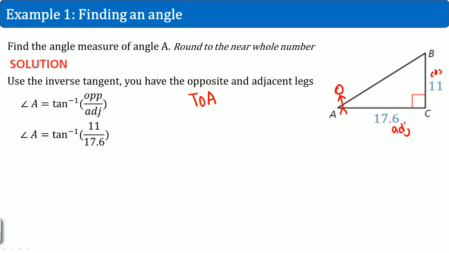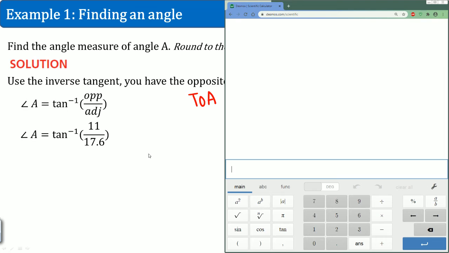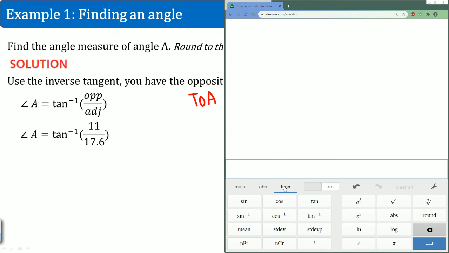I'm going to pull up Desmos so we can plug this in. Just to let you know, all I search is Desmos Scientific Calculator. It's right here. All right, so now I'm going to enter this in. So tan inverse. Can I press just tan? No, you want the inverse one. So let's look for it. Function right here. So you would have to hit function, FUNC, and the tan inverse is right here.